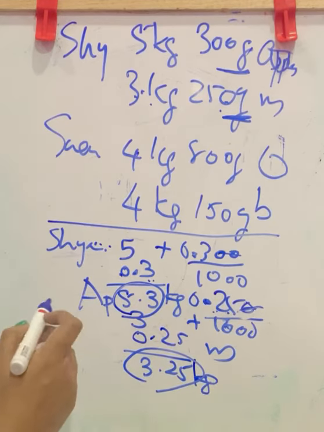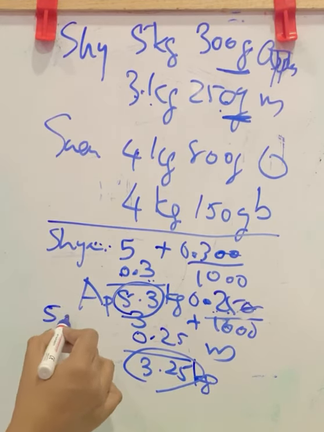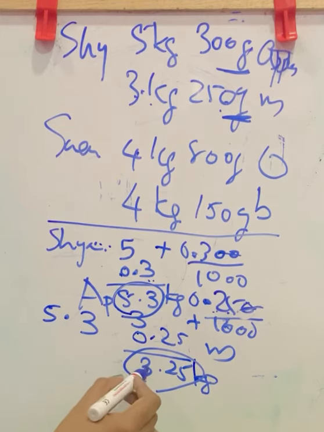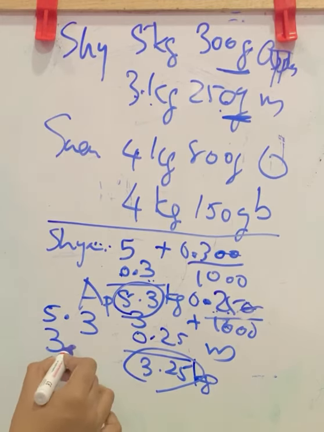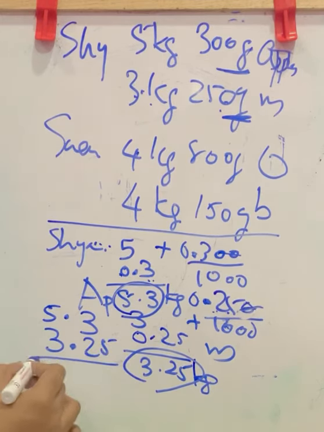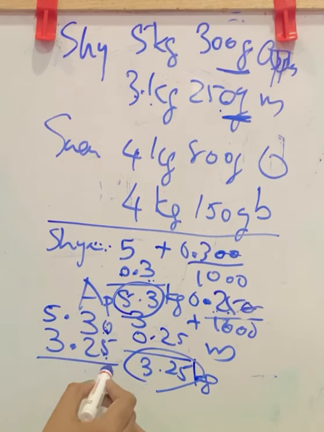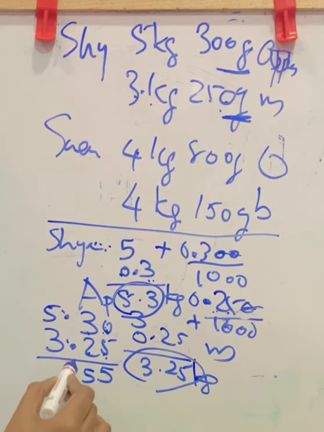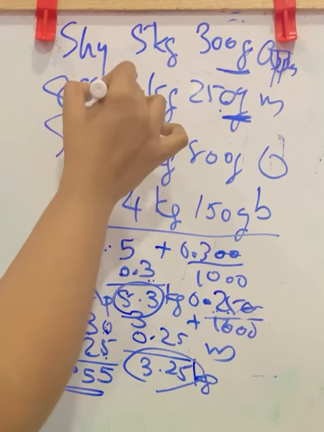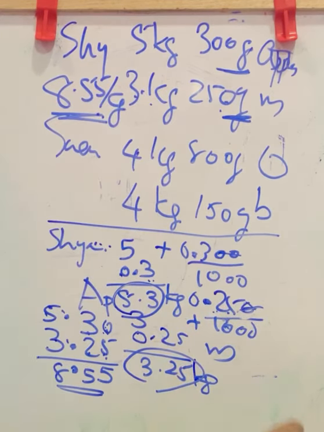So total fruits she bought: 5.3 and write the whole number under this 3.25. So the total is here. We can put a 0. 0 plus 5 is 5. 3 plus 2, 5. Carry down this decimal. 5 plus 3, 8. 8.55 is her total kilograms of fruits.